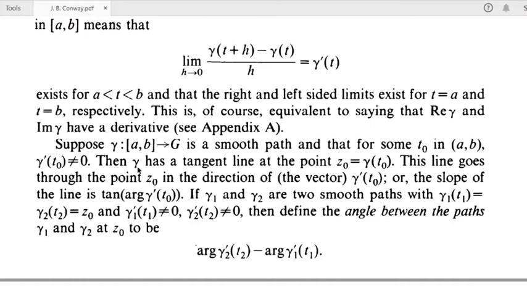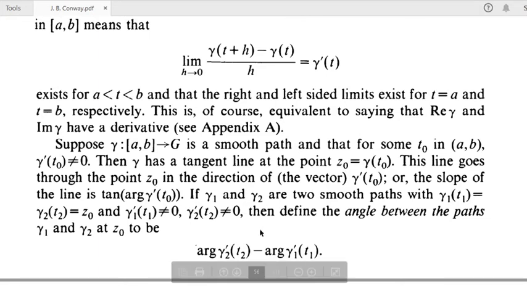This line starts from the point z0 on the path in the direction of the vector gamma dash of t0, and the slope of this line is the tangent of the argument of gamma dash of t0.